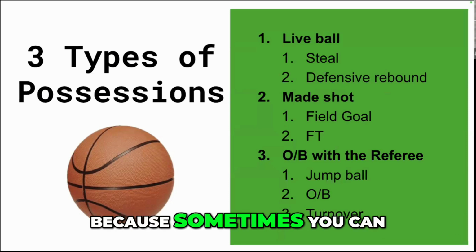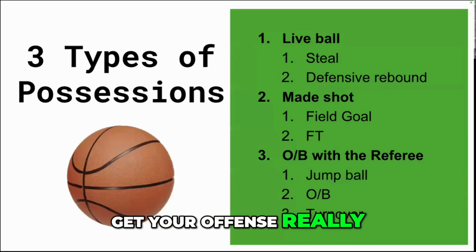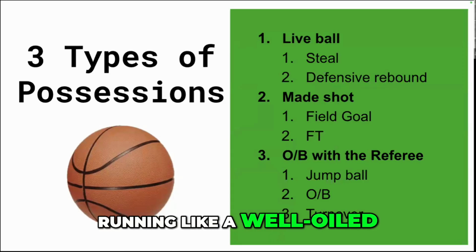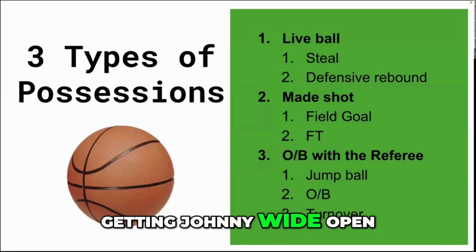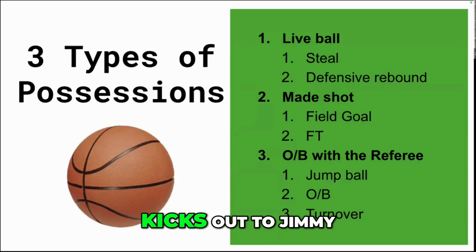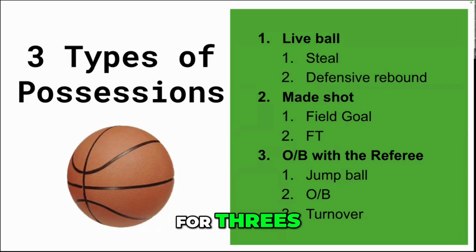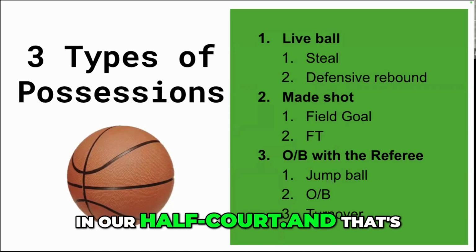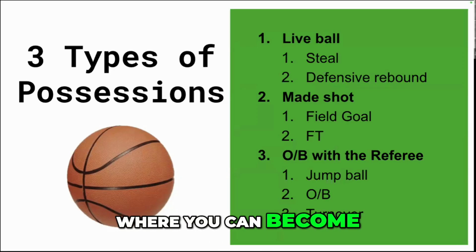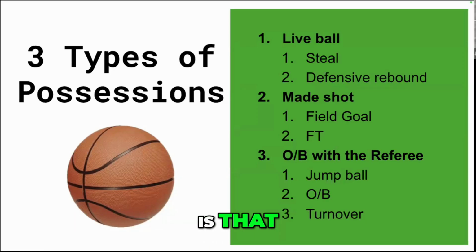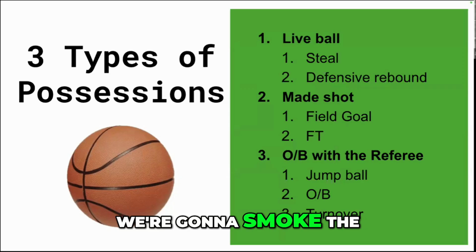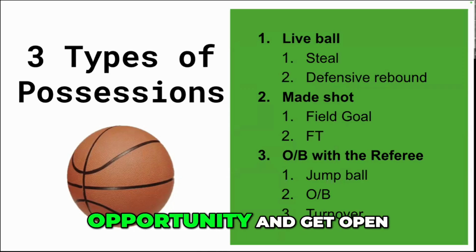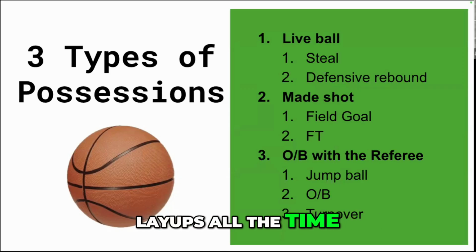Because sometimes you can get your offense really running like a well-oiled machine to where we're getting Johnny wide open layups and wide open kicks out to Jimmy for threes, and we're actually creating a pretty good efficiency points per shot value in our half court. And that's where you can become really dangerous to your opponent: A, we're going to smoke the ball down the court on every fast break opportunity and get open layups all the time.